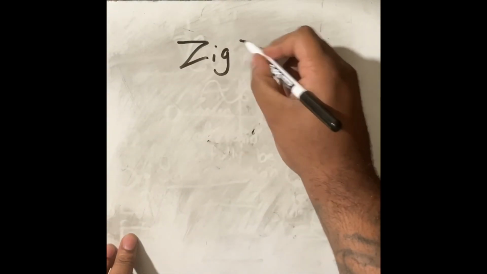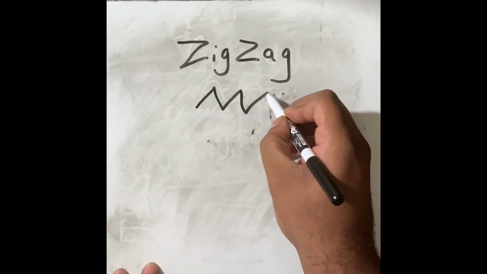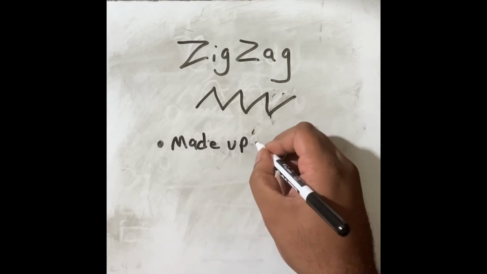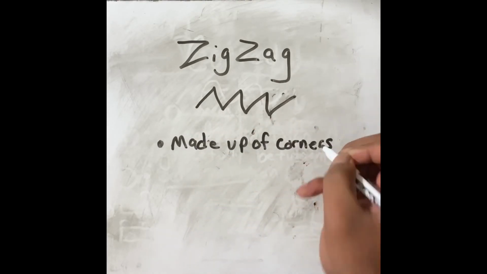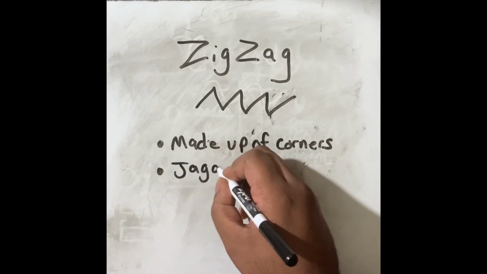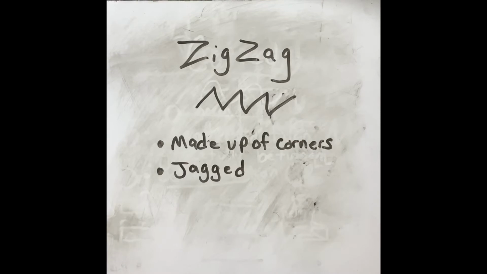Our final line is a zigzag. Zigzags are made up of corners and are jagged. Jagged means that they have rough, sharp points.